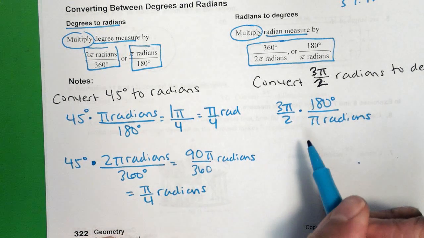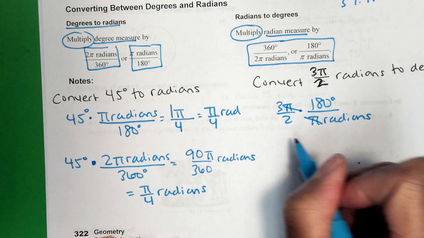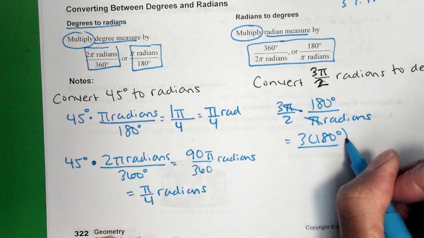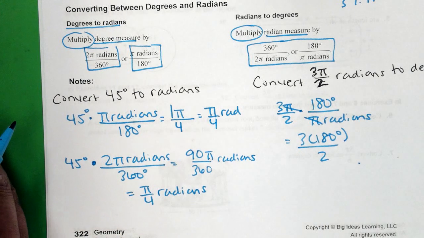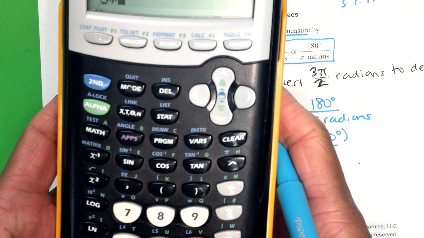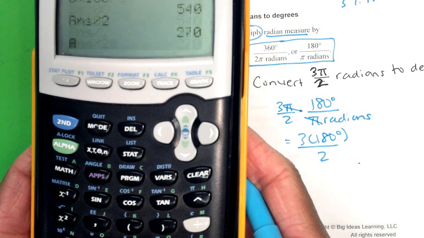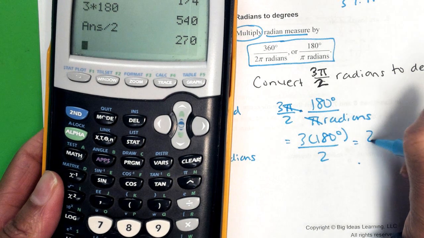So pi over pi cancel, so the pi's are gone. And so I'm left with 3 times 180 degrees all over 2. So I have 3 times 180, which gives me 540, and then divided by 2, I end up with 270 degrees.